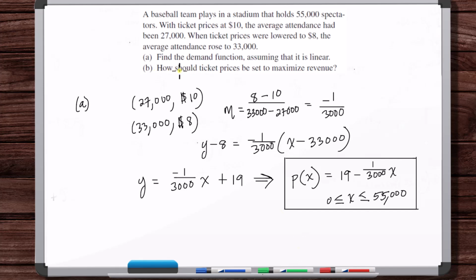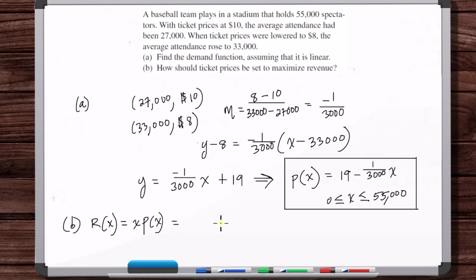Okay, now how should ticket prices be set to maximize revenue? The revenue function is you just take the price times the number of tickets sold, or the number of units sold. So revenue is equal to X times the demand function.